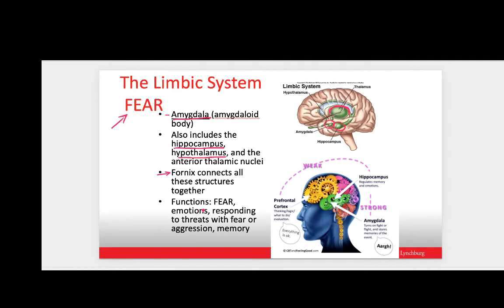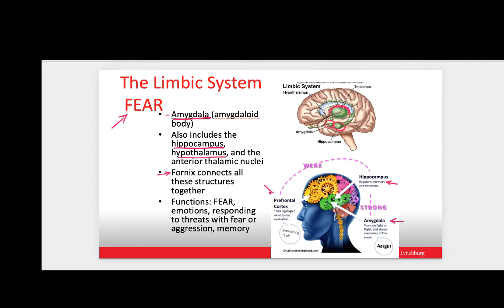And the limbic system is active in dealing with fear and the emotion of fear, the memory of fear. It's going to compare it to situations that we've been in before. And then the amygdala is basically our emotional response to whatever situation we're in.